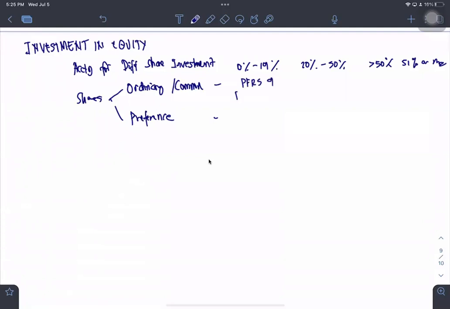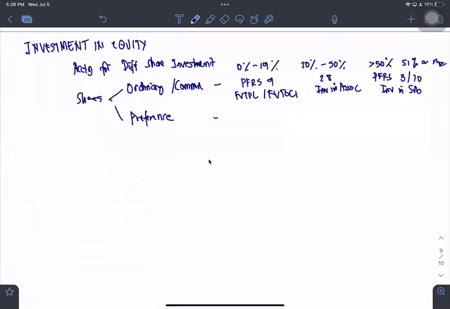It is known as FVTPL or FVTOCI. If that is 20% to 50%, we use PAS 28. That is your investment in associate. More than 50%, we use PFRS 3 with PFRS 10. We call this one your investment in subsidiary.